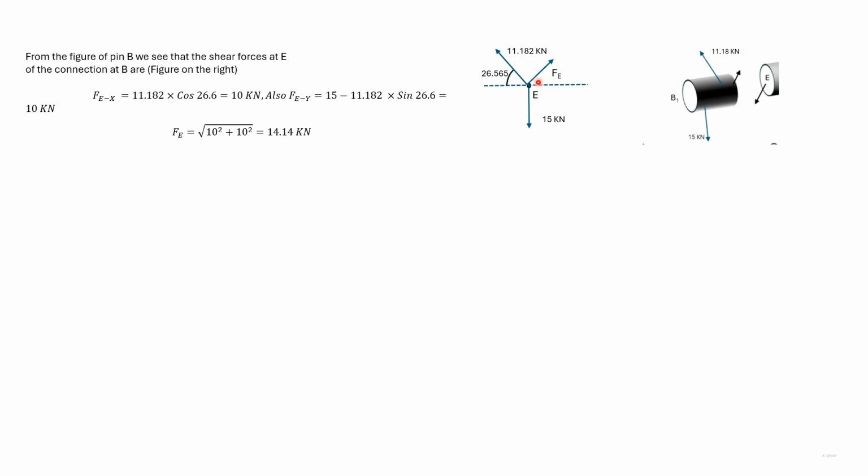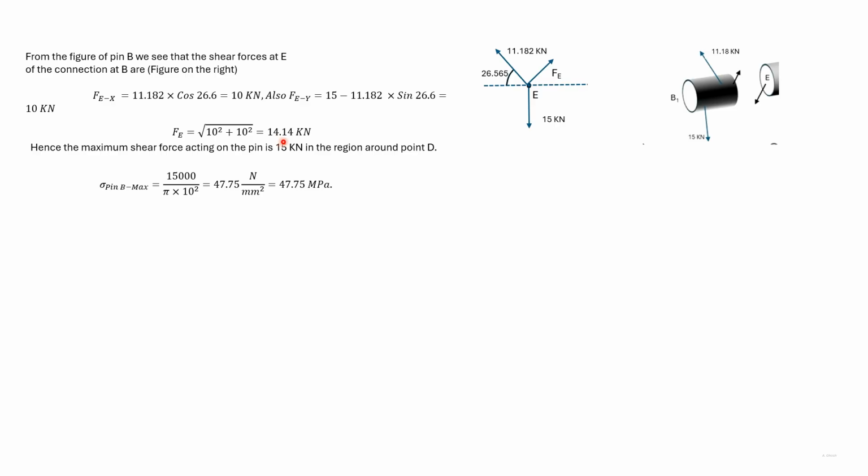So Fex is 11.18 cos of this angle, which we get as 10 kilonewton. Similarly, we find out Fey, which we also get as 10 kilonewton. So the magnitude of Fe is equal to 14.14 kilonewton.